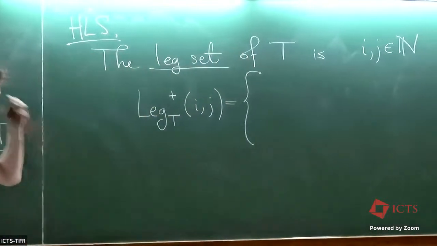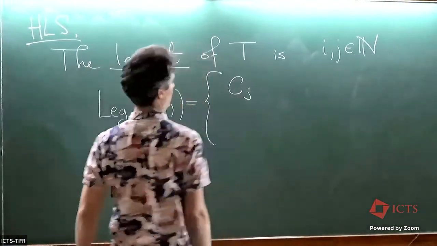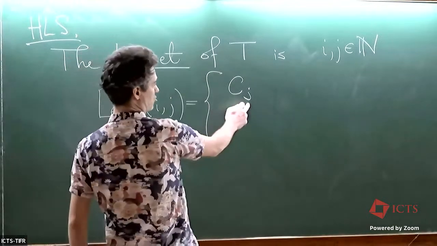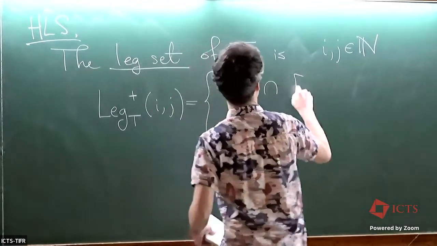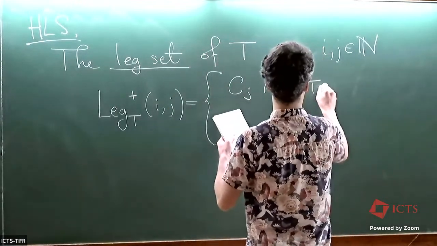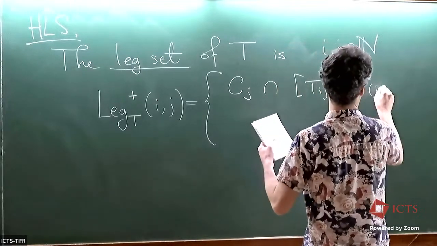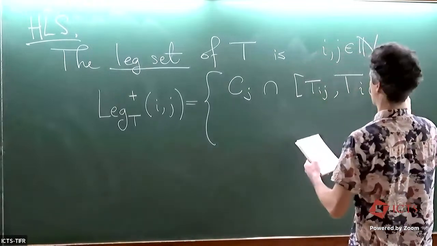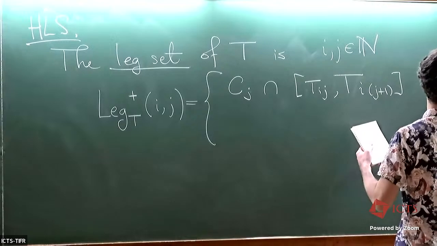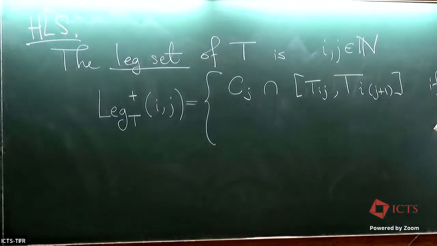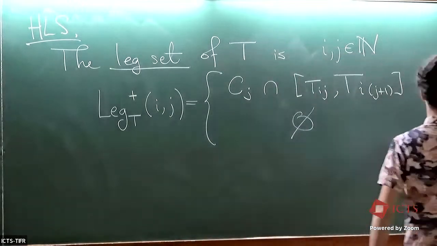We have a case distinction to make. It is C_j, meaning the jth column of T, intersect the interval of discrete values T_ij, T_ij plus 1, if T_ij plus 1 is not in C_j, and empty otherwise.